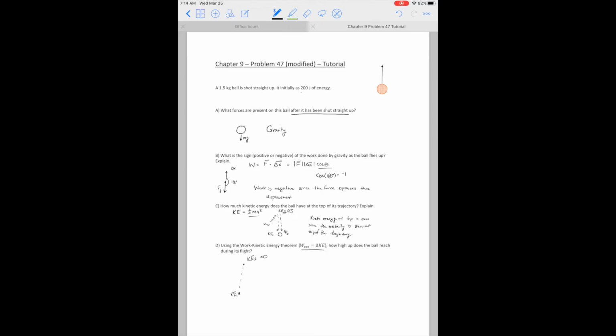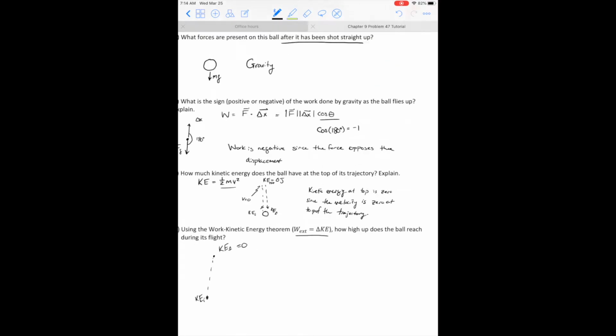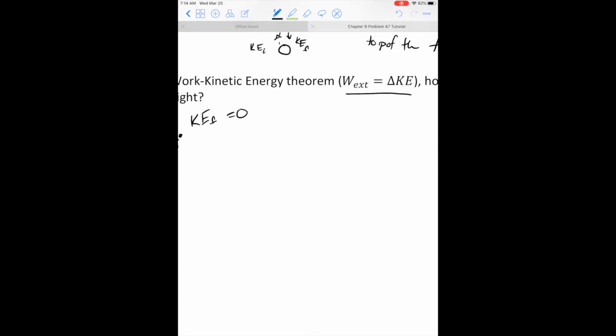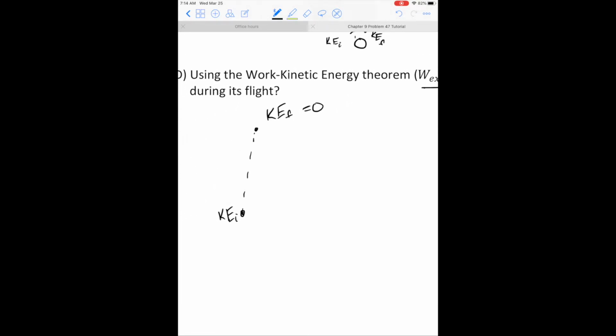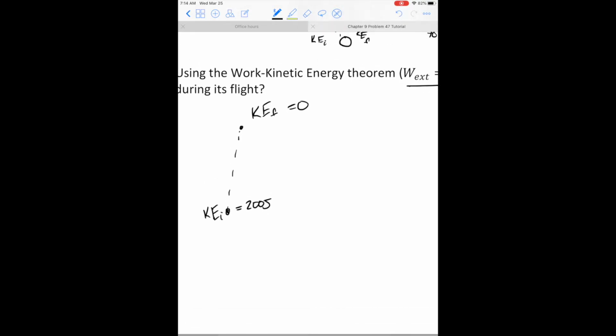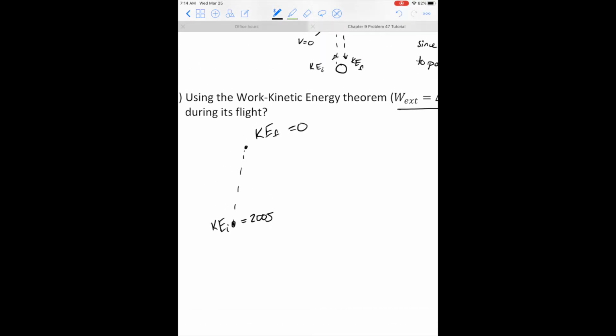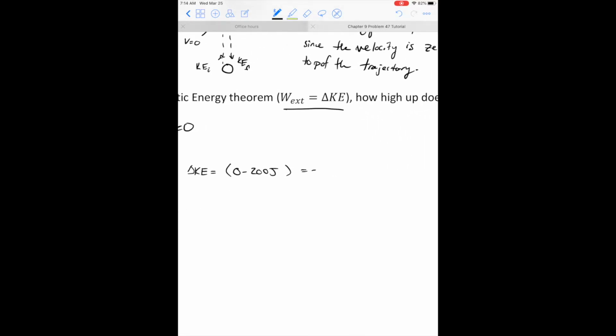Well, my initial is probably just the 200 joules of energy at the top of the page, at the beginning, because it's moving. That's probably all the energy is kinetic. Final minus initial gives me a delta KE of negative 200 joules.